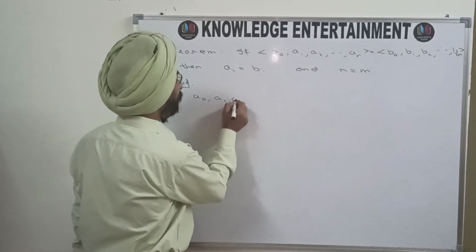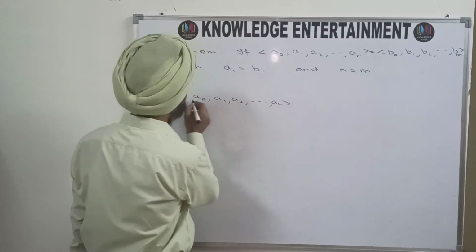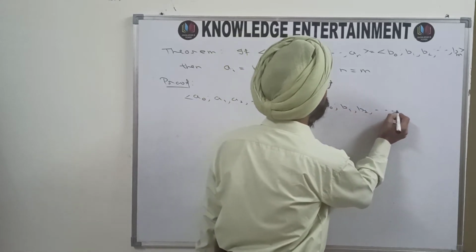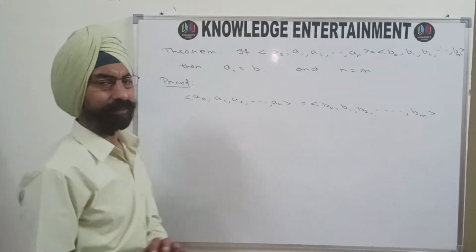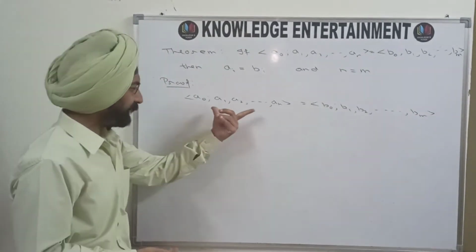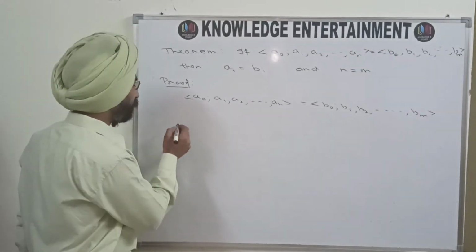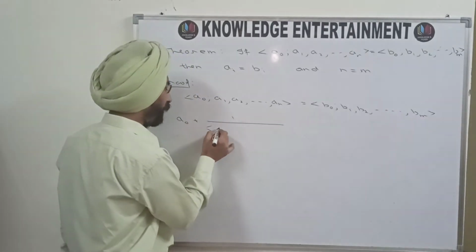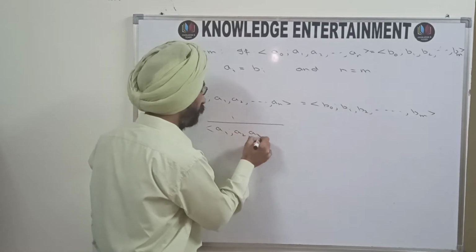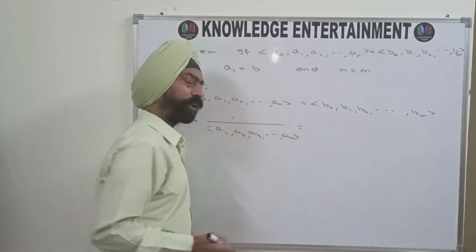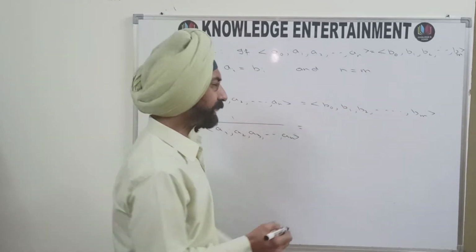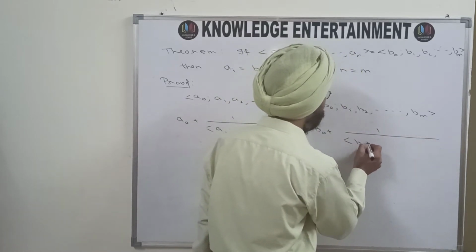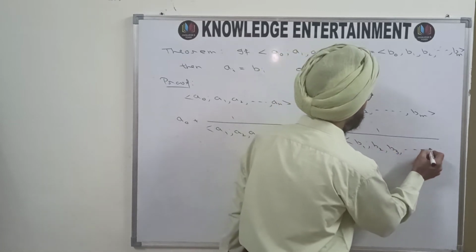We know that this number can be written as its integral part a0 plus 1 upon the simple finite continued fraction [a1, a2, a3, ..., an], which is equal to, applying the same procedure on the right hand side, the integral part b0 plus 1 upon the simple finite continued fraction [b1, b2, b3, ..., bm].